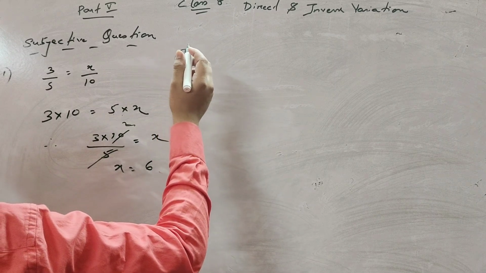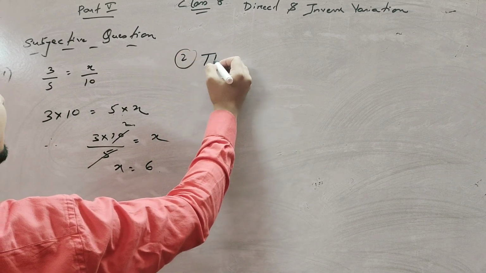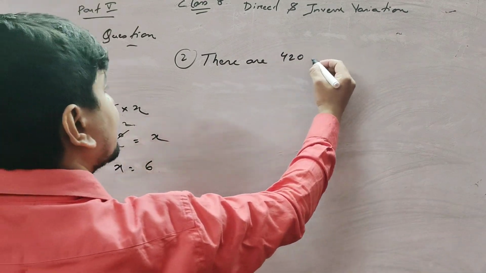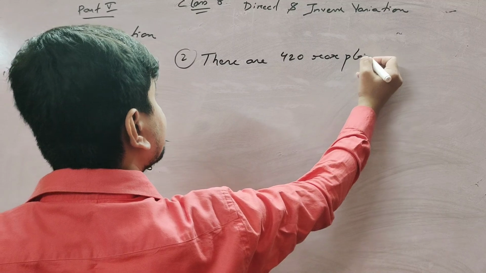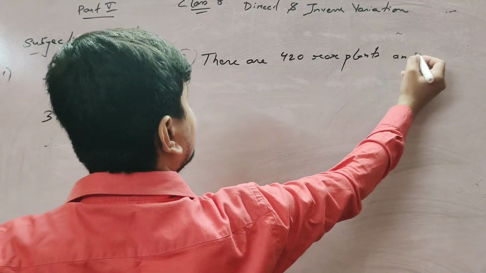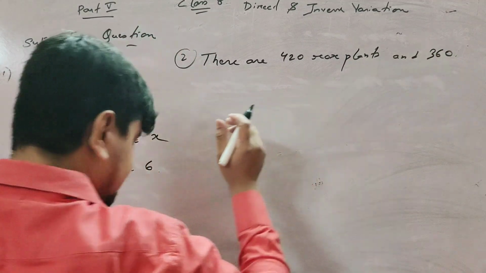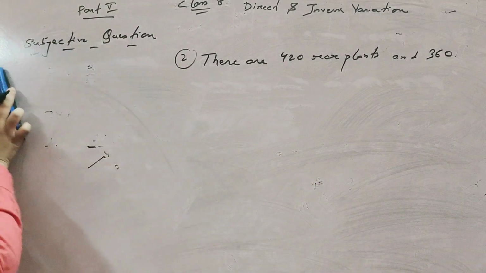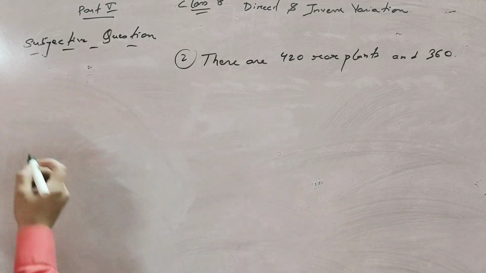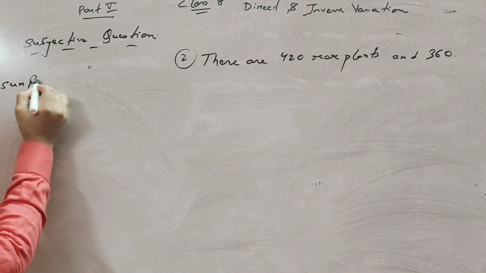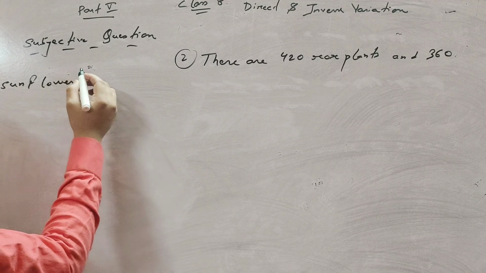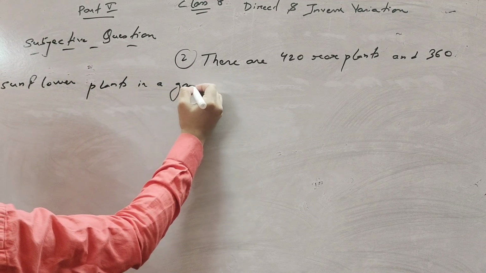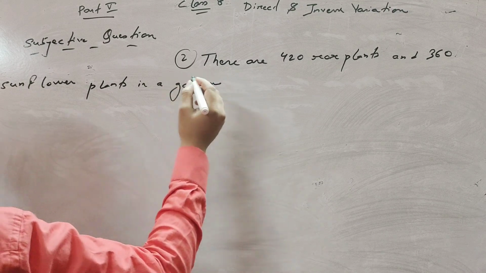Okay, question number 2. There are 420 rose plants and 360 sunflower plants in a garden.